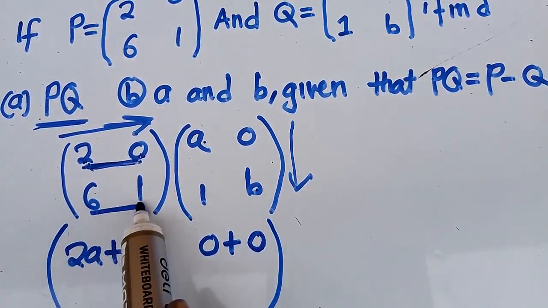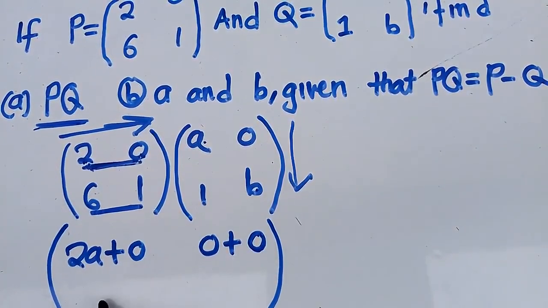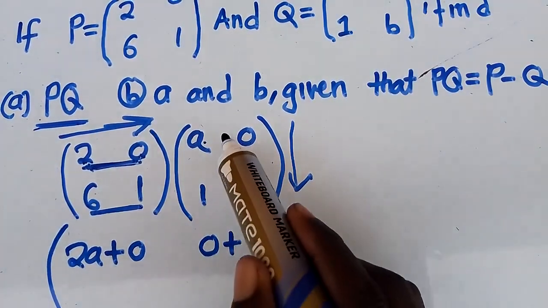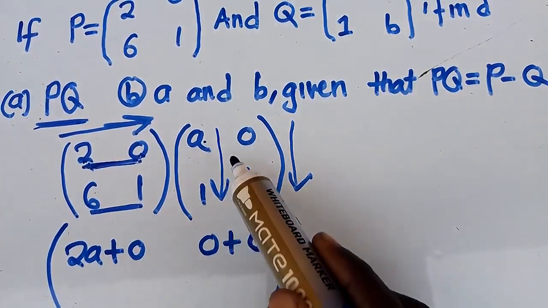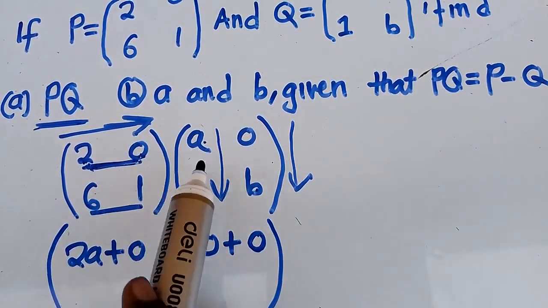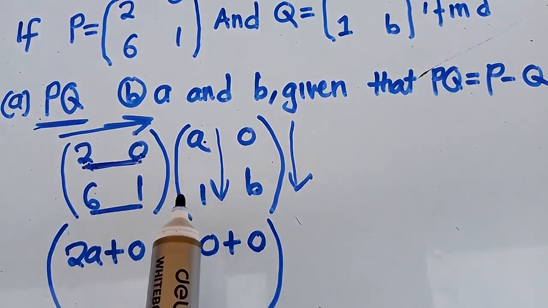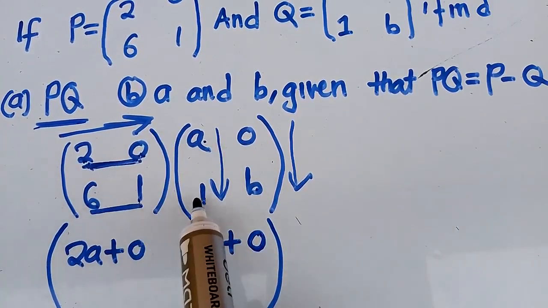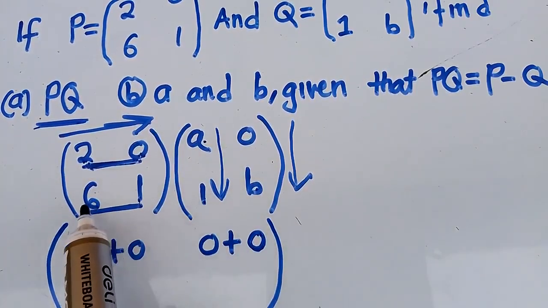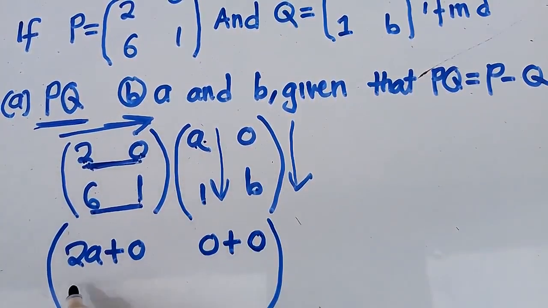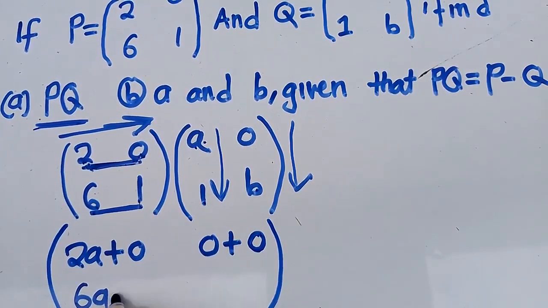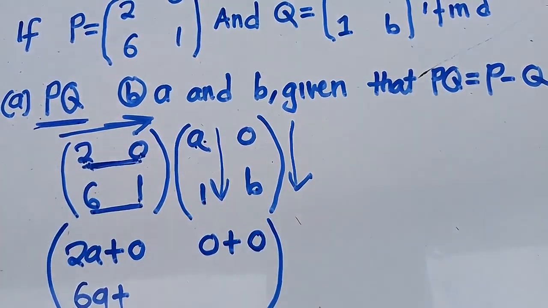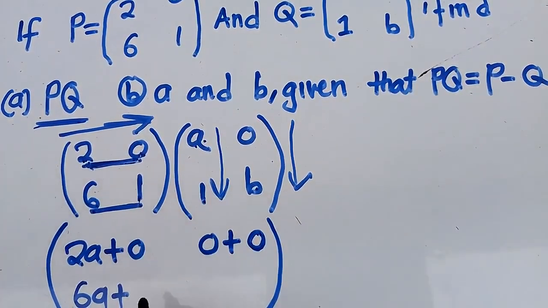Then I go down now. So even here I'll be writing down here. So I get this first column. I'll go with this first column here. So what I'm going to do is that I'm going to say the first one will go with the first one. The second one will go with the second one. So I'll say 6 times A. 6A. Plus. What is 1 times 1? It is 1.